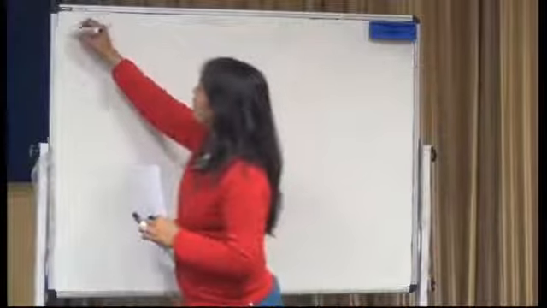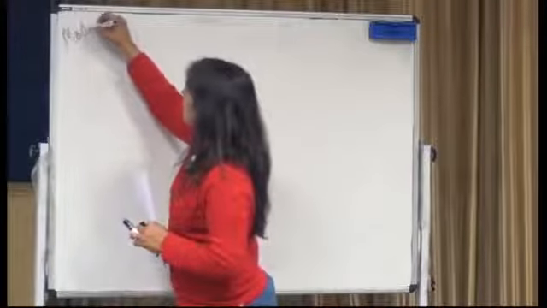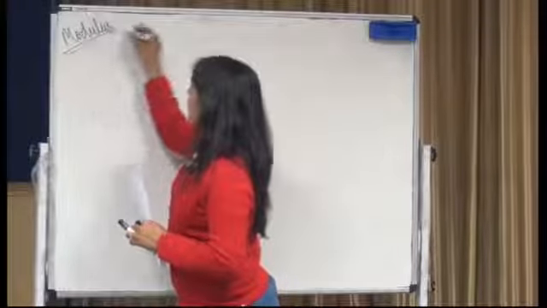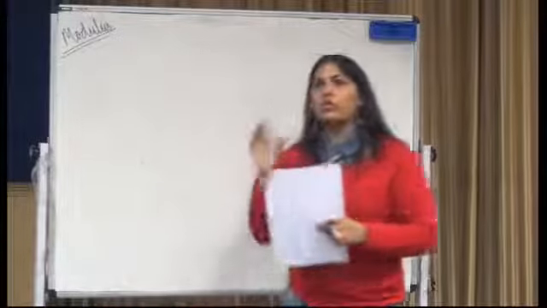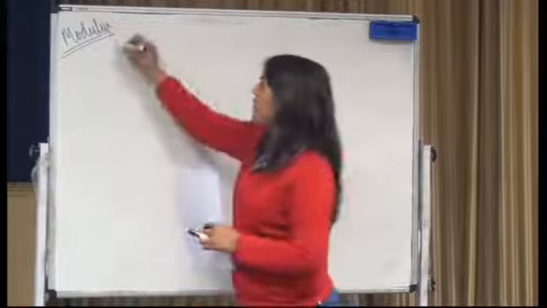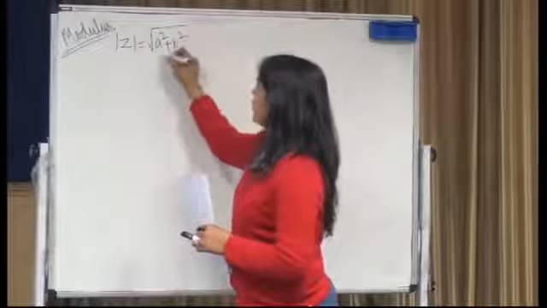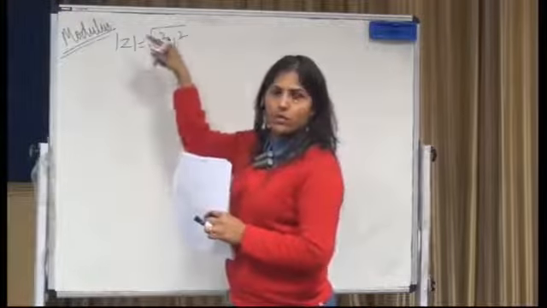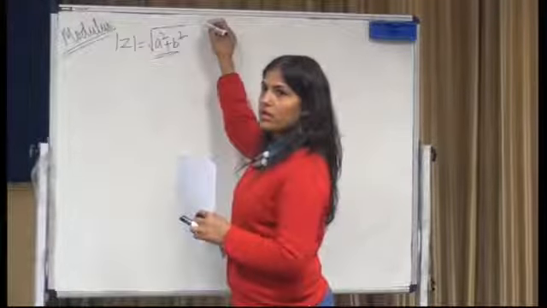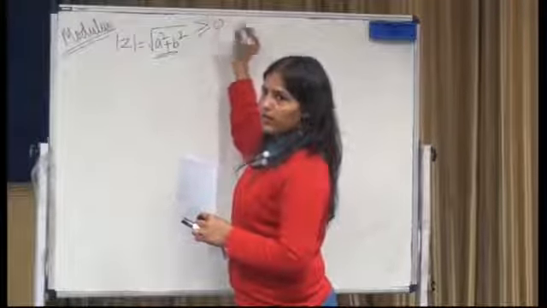For the modulus, I have already told you mod z. You know how to define mod z. Which property is important? If it is mod, a square root, then it will always be greater than or equal to 0.